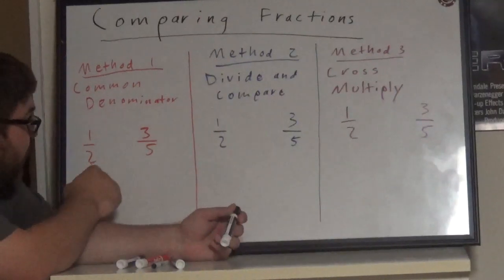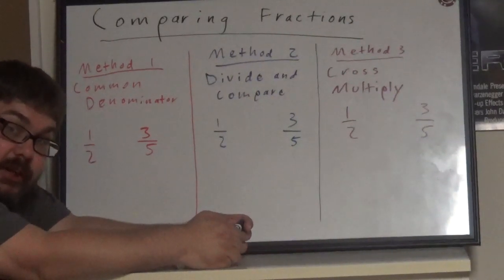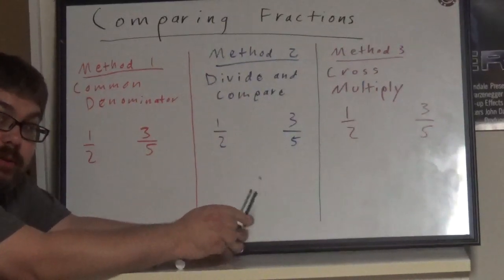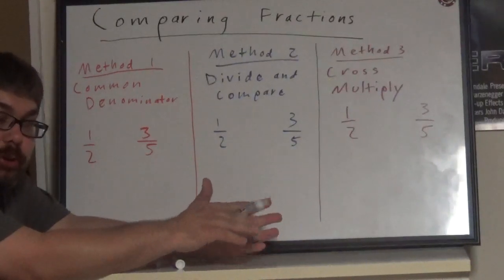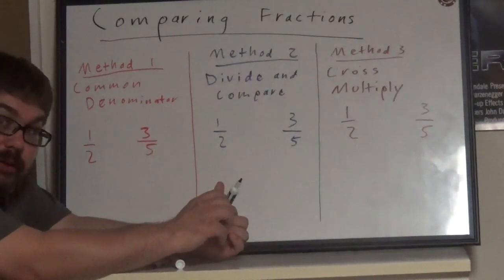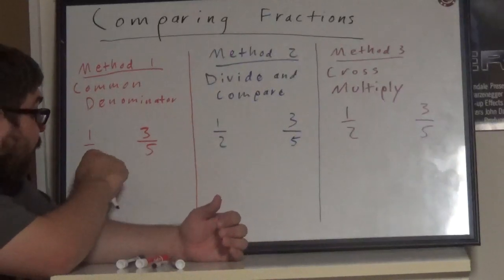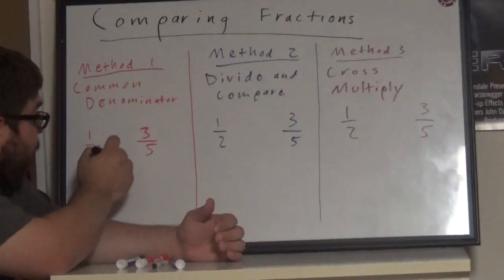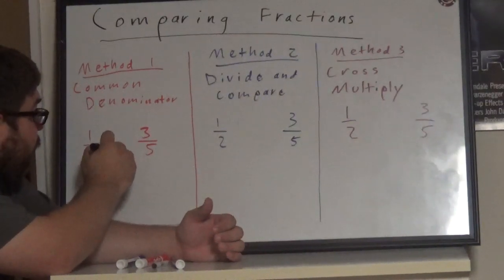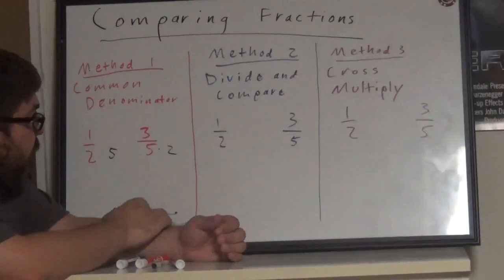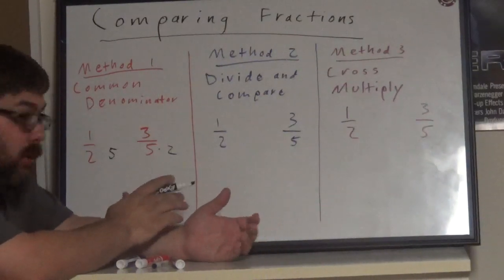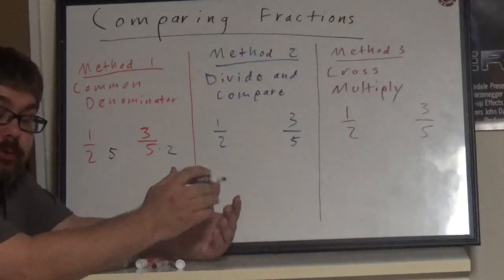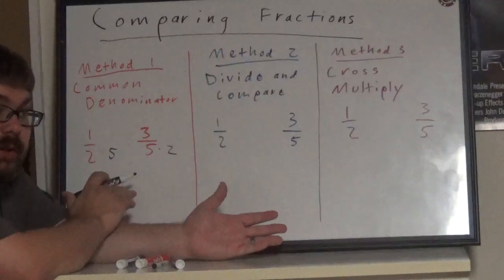So, just like with the adding fractions video, to create common denominators for comparing fractions, we can multiply the 2 denominators together. So I could do 2 times 5, and whatever I do to the fraction on the bottom, I can change it in any way I like as long as I do the same thing on the bottom and on top.